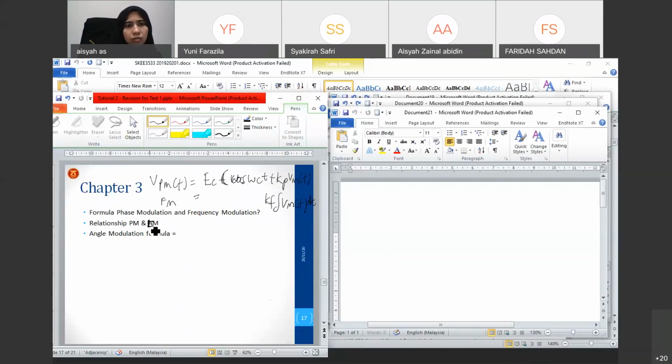The relationship of PM and FM is integration and differentiation, and the angle modulation formula, and also the modulation index beta equal to KF EM over omega M, or KF EM, also the same as frequency deviation. Okay, this is the concept.